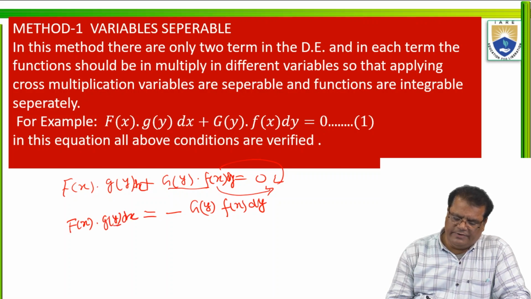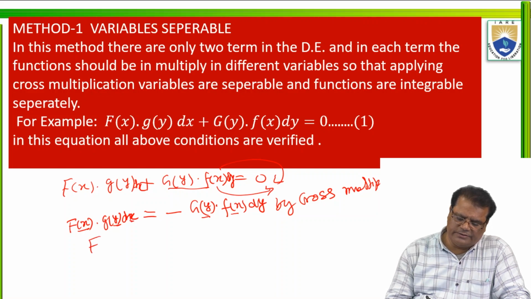So here is the y variable, here is the x variable, here is the y variable, but here is multiply. So by cross multiplication, we write this, integrating with respect to x.